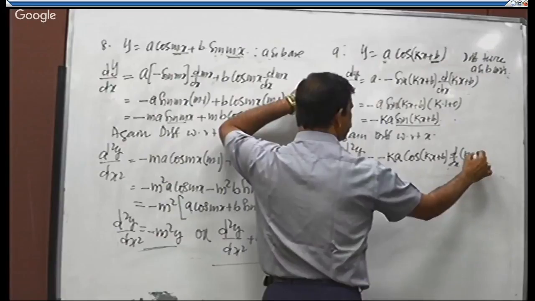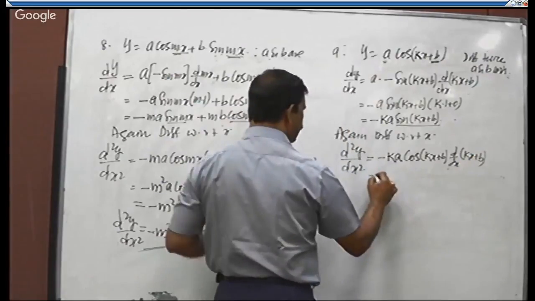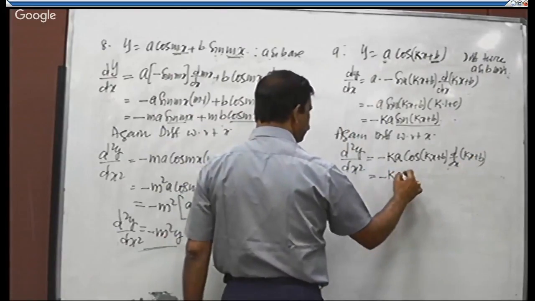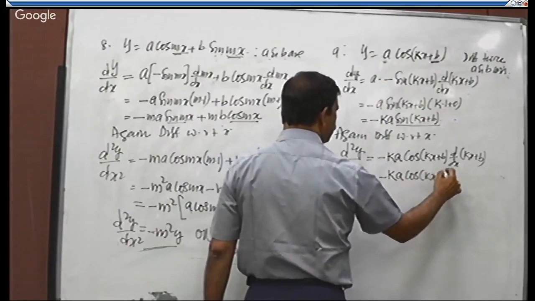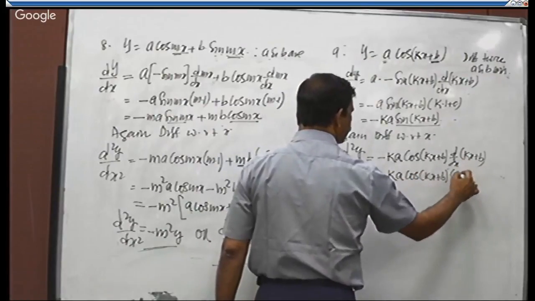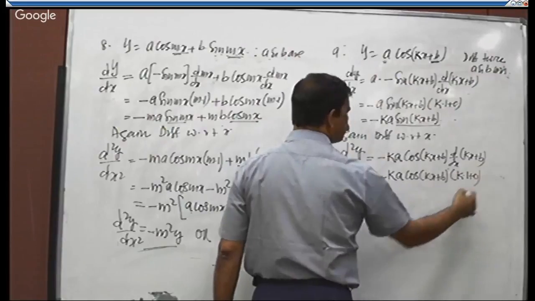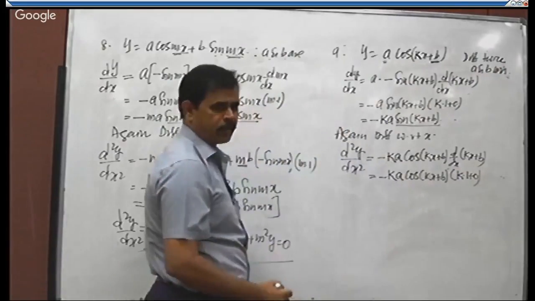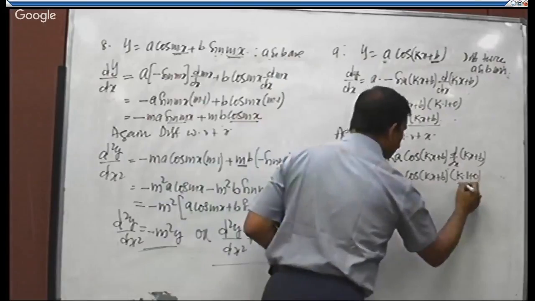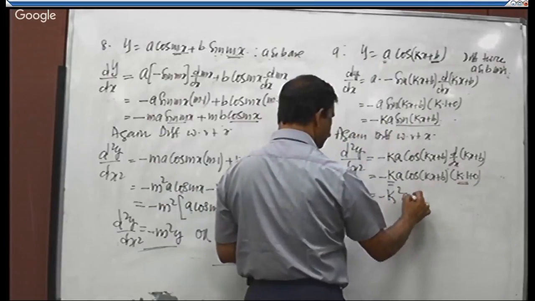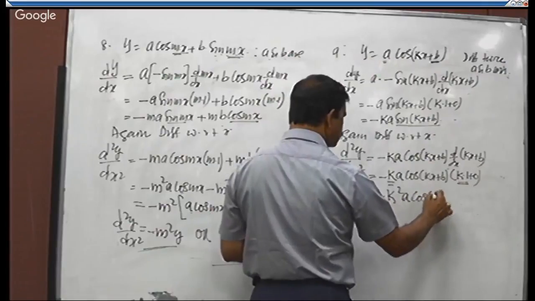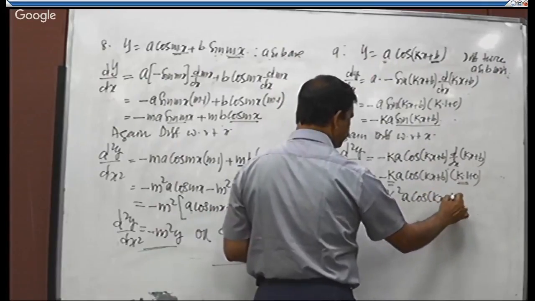So kx plus b is the function, right? Minus k into a into cos of kx plus b into differentiation of kx, k into 1 plus 0. It is k only, right? This k and this k become what? Minus k square into a into cos of kx plus b.